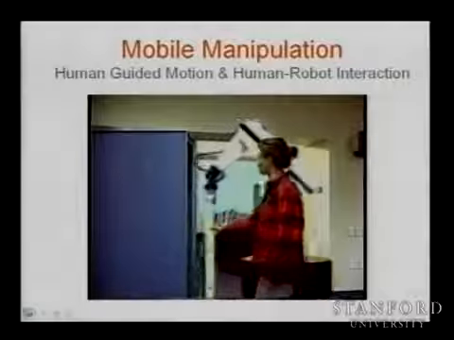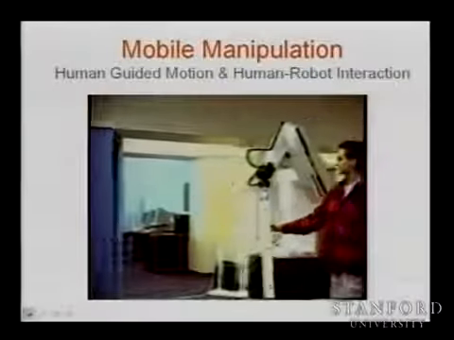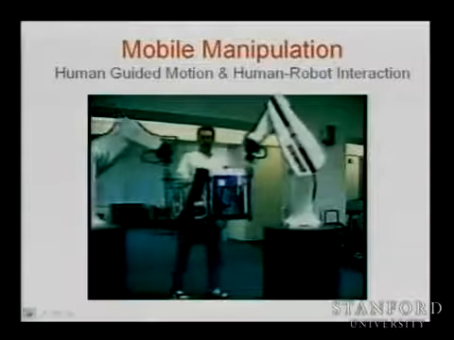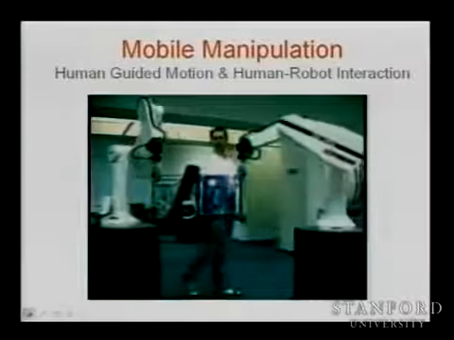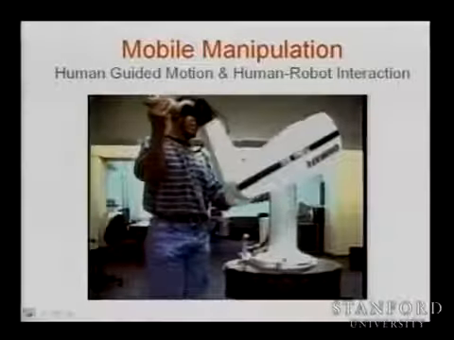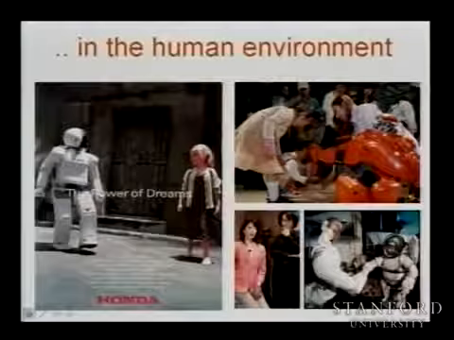Here is another example of how you can interact with them by guiding the motion. So the human is giving the intelligent task of the guidance, and the robot is following. And Alan is dancing.